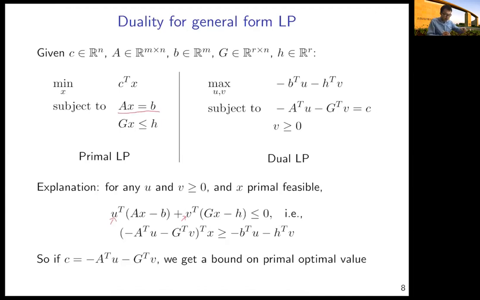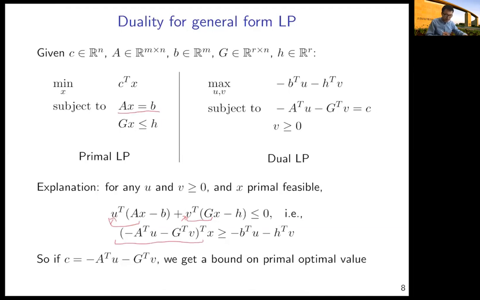Okay, and then what this is saying is that if you just collect the terms according to x, by combining these terms and adding them together, extracting x and getting this coefficient vector, you get this vector transpose x.